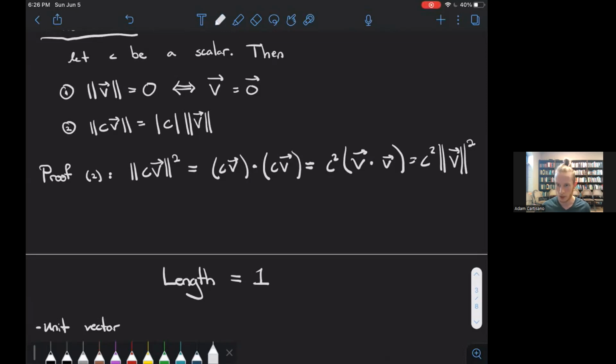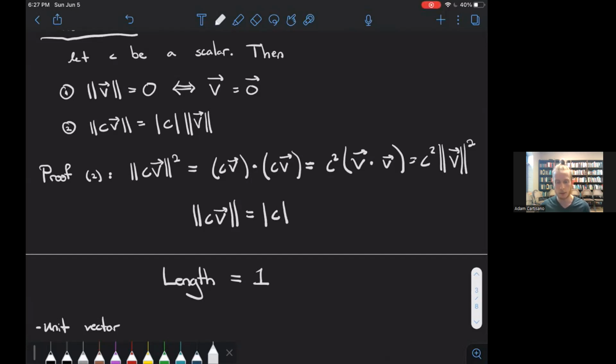Well, if two things' squares are equal, then taking square roots tells us that each of those things themselves is equal. They're real numbers, right? The norm is a real number, and C is a scalar. And so taking the square root of both sides, we have the norm of CV is the square root of C squared. Let me write that for you this way.